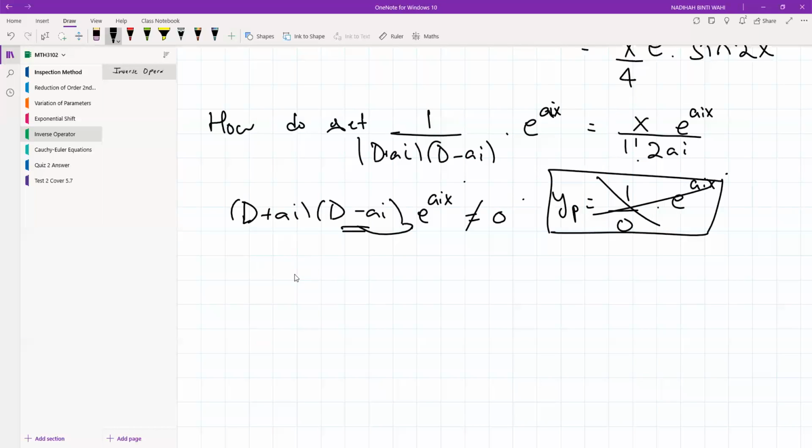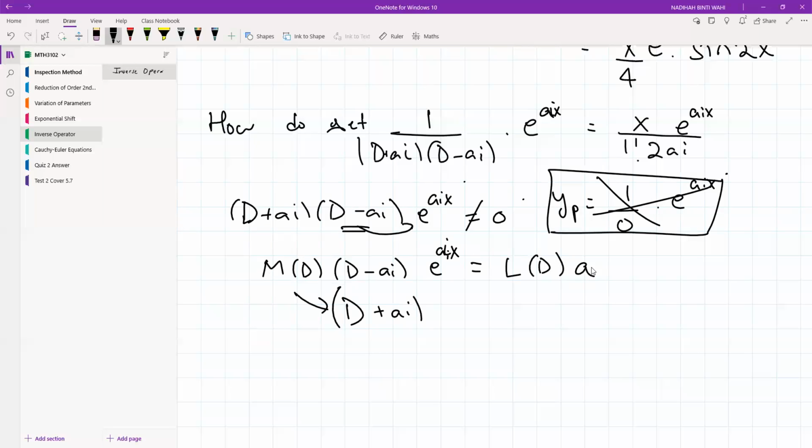Okay, so saya kata this is just M of D darab dengan D minus AI of e to the AIX, so M of D sama dengan D plus AI. So this is equals to L of D e to the AIX.